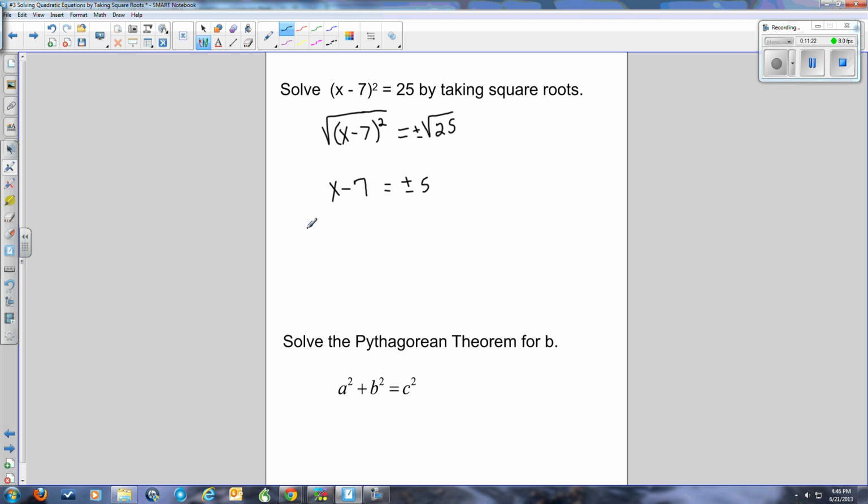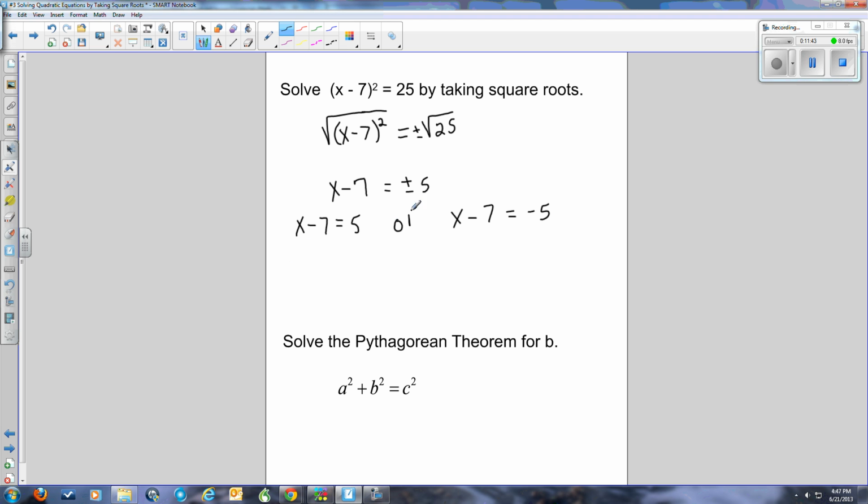So basically, we've got two situations. We've got one where x minus 7 equals positive 5, and x minus 7 equals negative 5. So let's go ahead and solve that.